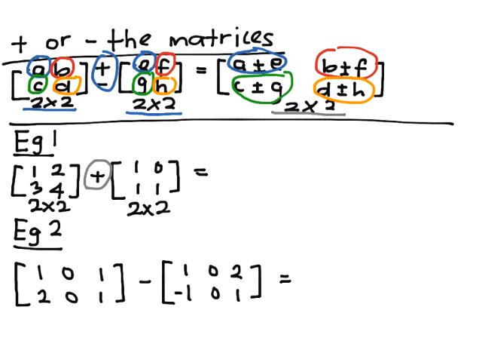Okay, so we go with the first value, 1 in the first matrix. We need to plus it with the same position of the value in the other matrix, which is also 1. So in our answer, we will come up here with 1 plus 1.